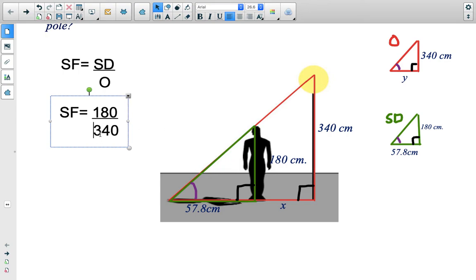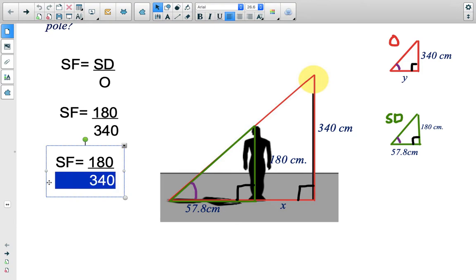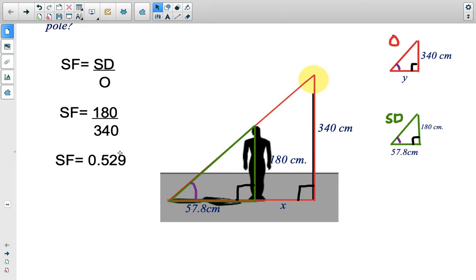Okay, so when I divide these, 180 divided by 340, I'm going to get 0.529. I'm just going to leave it like that. I'll round to the nearest thousandth.